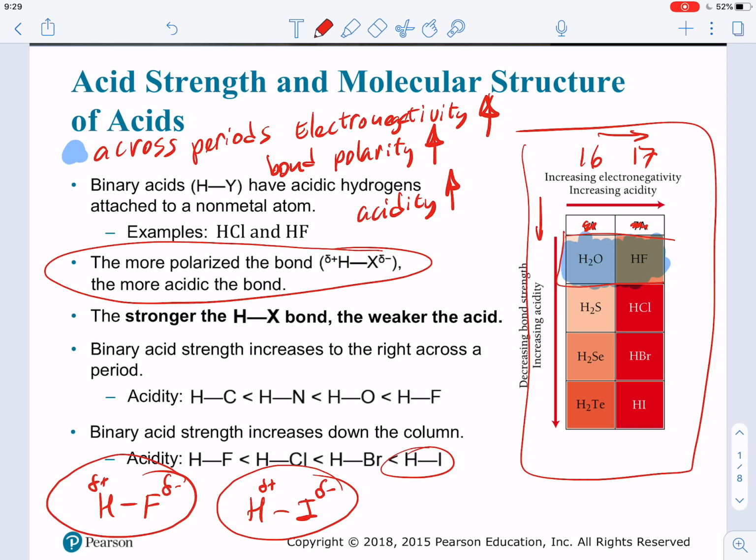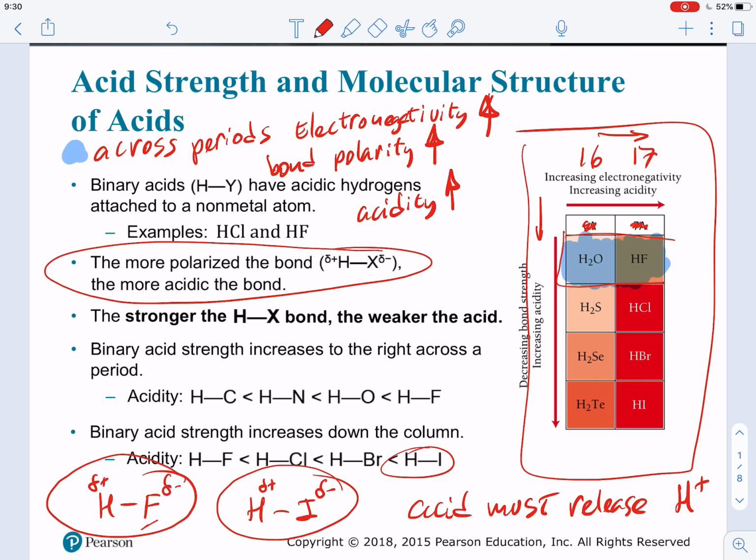What does that really mean? Why does that matter? Remember, this is an acid, correct? The acid must release the H plus. To be considered an acid, the acid must release the H plus. If it doesn't, then it won't be an acid. So the easier the acid releases the H plus, the stronger the acid is.